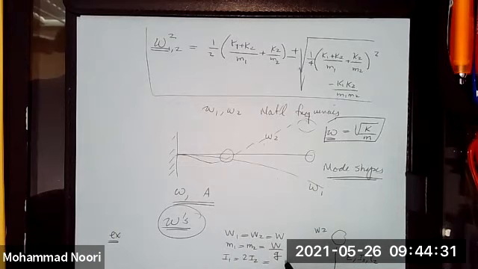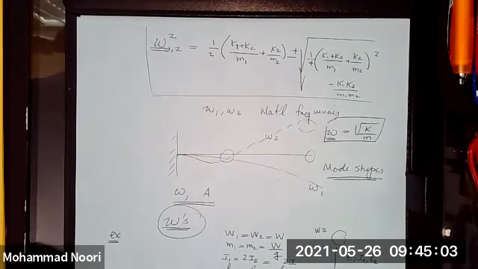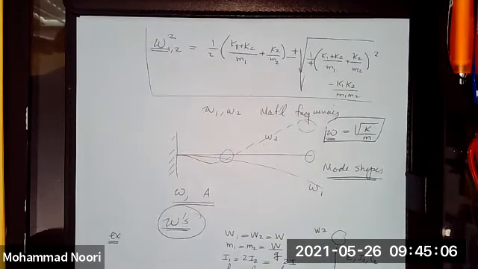So let's normalize this: this is, let's say, 2I. L1 is twice the L2, and let's say this is L. And so K1, if you remember, each K was 24 EI over L cubed. If you put in these values, you see that K2 would be K1 over 2. So we have these values, okay? And also, I will give you another quantity.